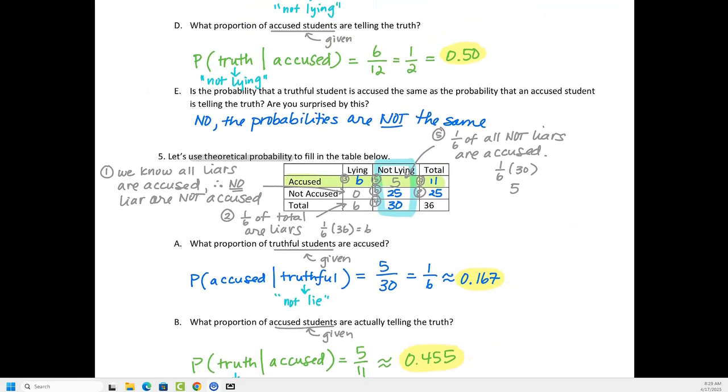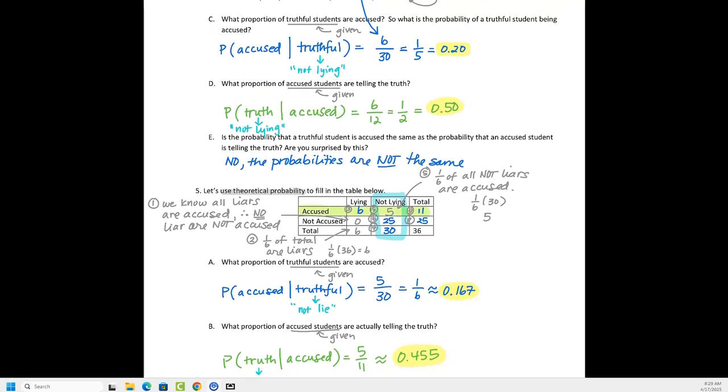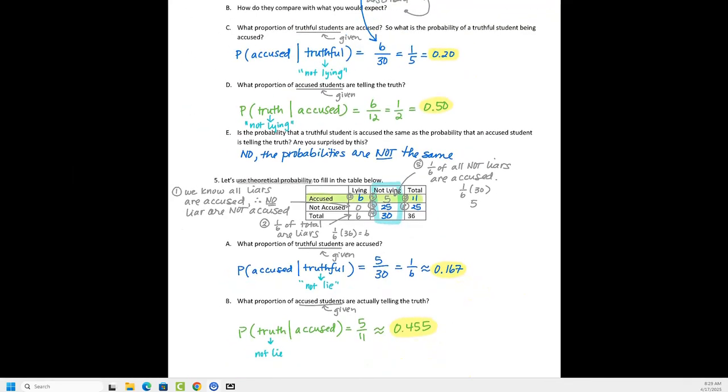Notice that if we compare that with our other results, the probability of accused given that they were truthful, 0.20 was what we got empirically, and theoretically it should have been a little smaller, about 0.167.